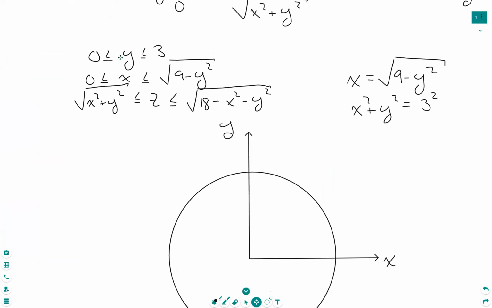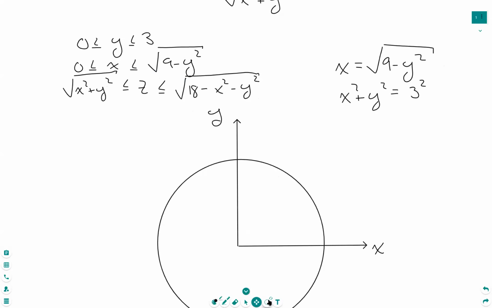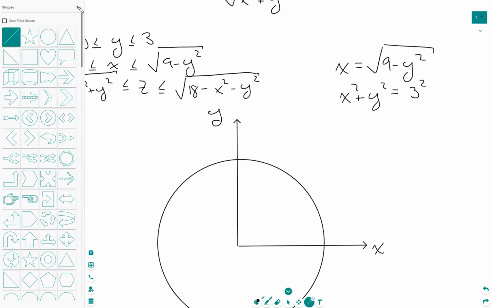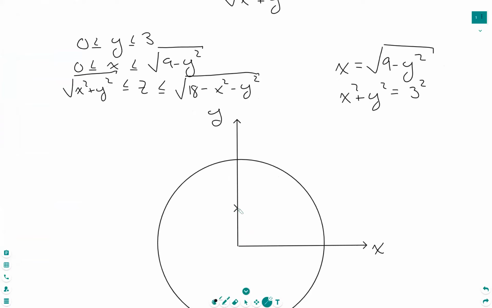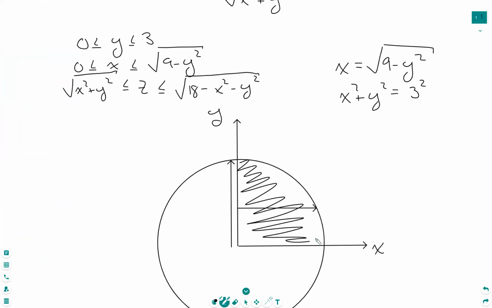So it's only non-negative values of y up until 3. So if x always goes from 0 out to this square root of 9 minus y squared, but then the range of y is only 0 to 3, I'm only talking about the quarter of this circle here. So that's what the projection looks like onto the xy plane.